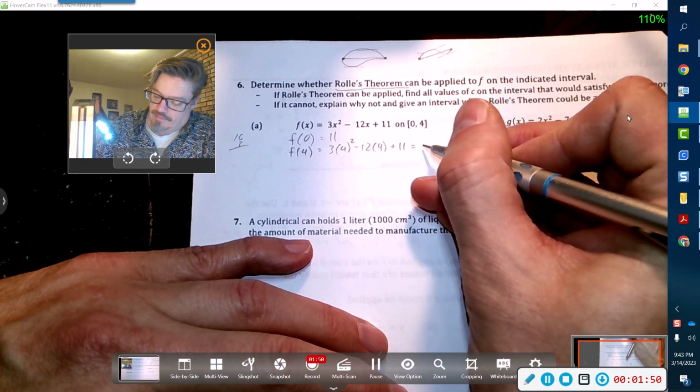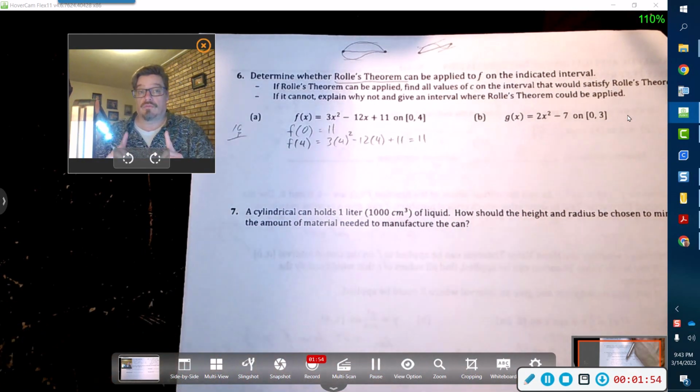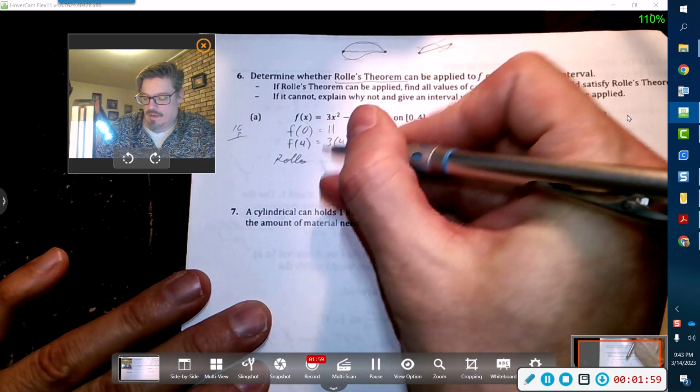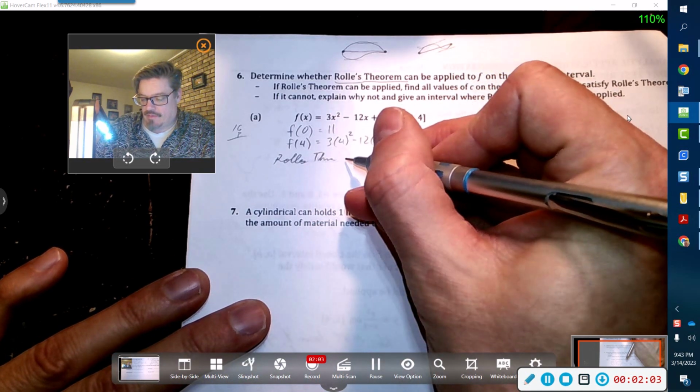So there we go, 0 plus 11 is just 11. Okay, so Rolle's theorem applies.